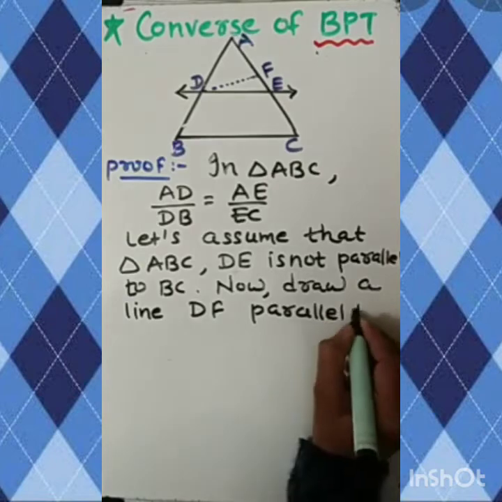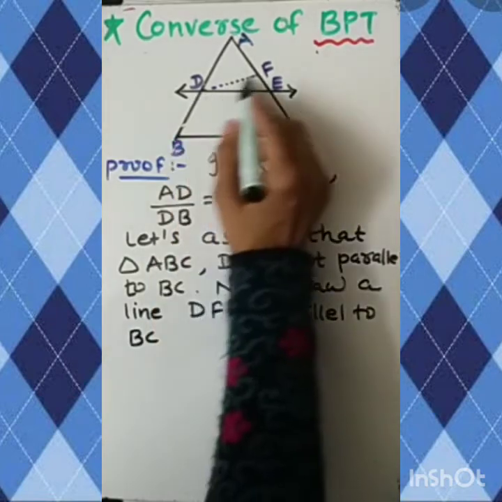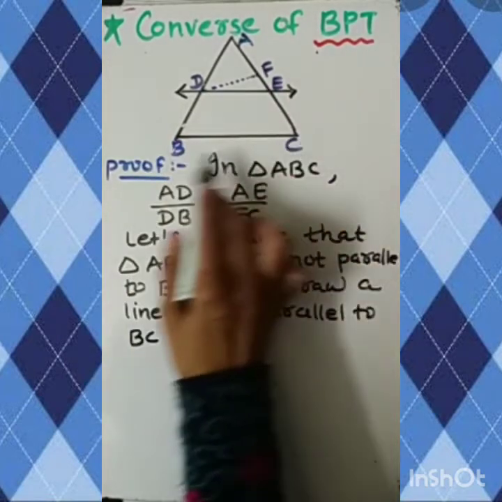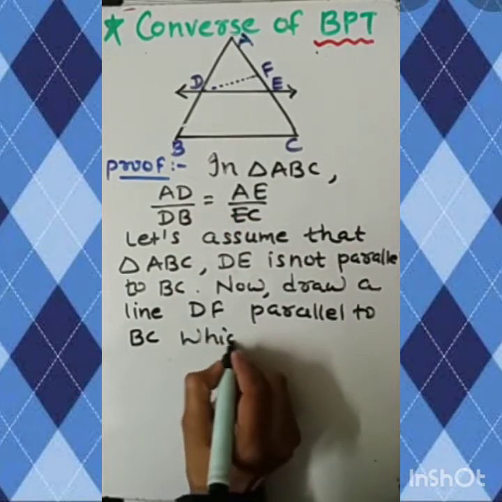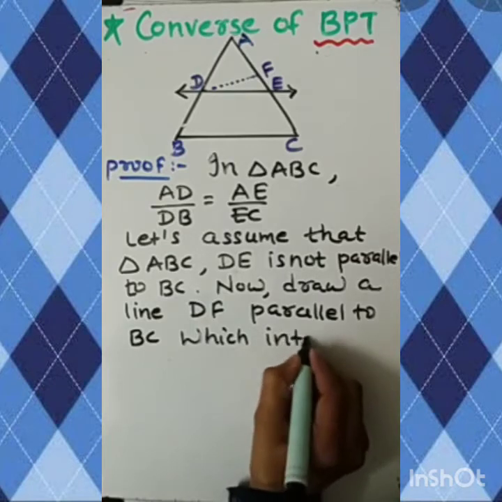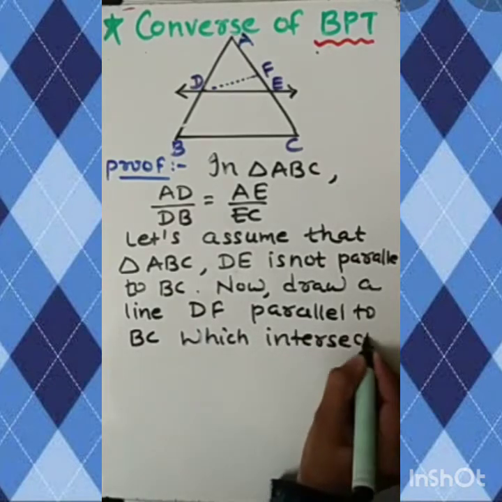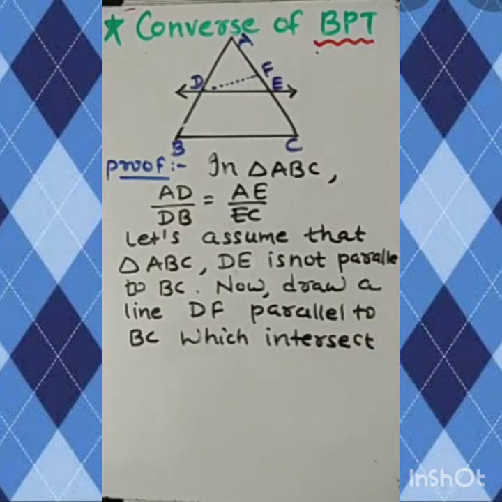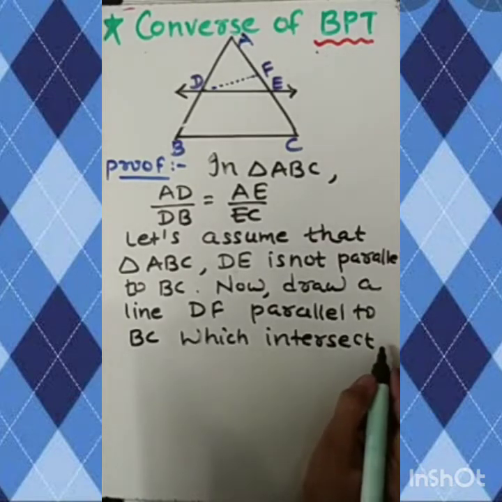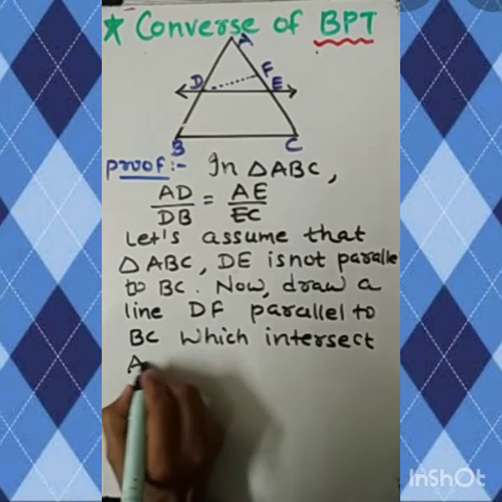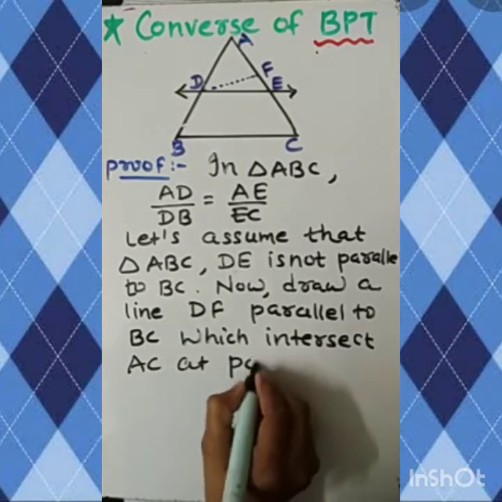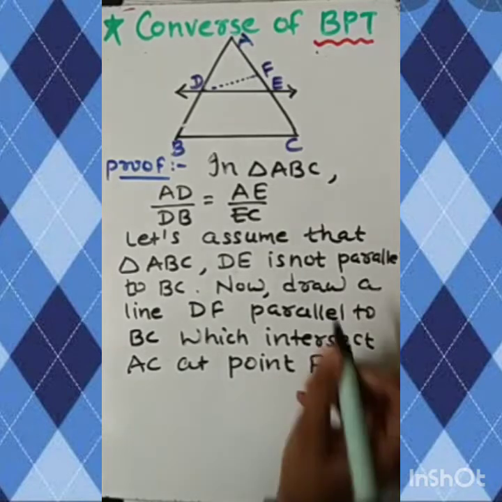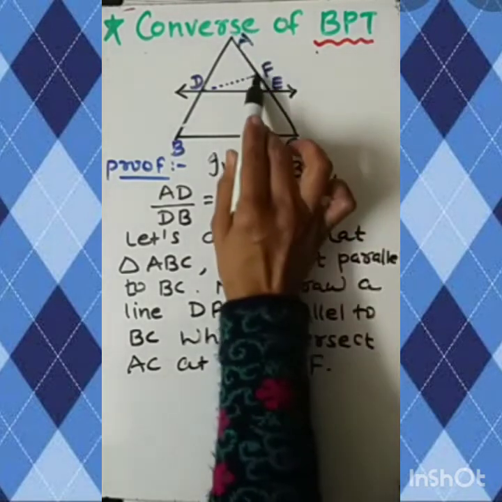For a while we are thinking DF is another line parallel to BC, which intersects AC at point F.